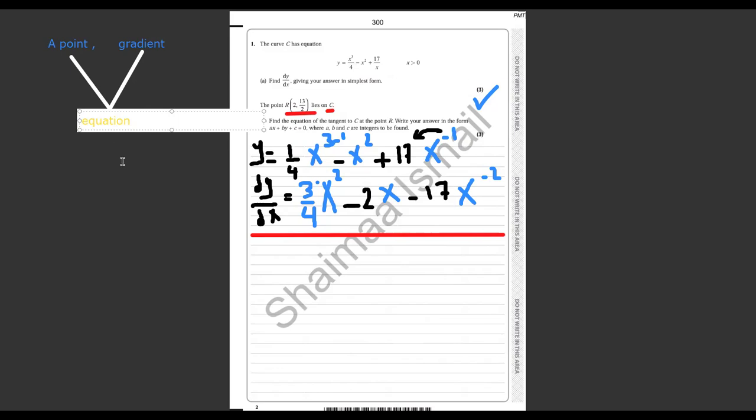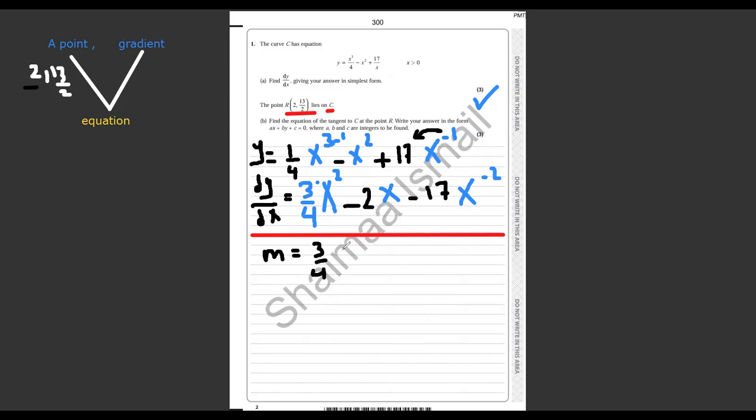Okay, let's do this. Here we have the point which is 2 and 13 over 2. So all we do now is take the x-value, and in the equation of the derivative, this is equal to the gradient. So the gradient will be equal to 3/4, not x, we're going to put instead of it 2.